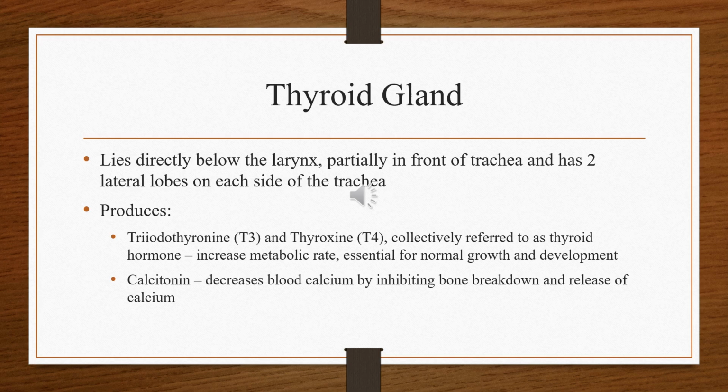The 2 lobes of the thyroid function as one to produce 2 hormones, T3 and T4, collectively referred to as the thyroid hormone, and they're the body's major metabolic hormones. It also produces calcitonin, which maintains the blood calcium level.